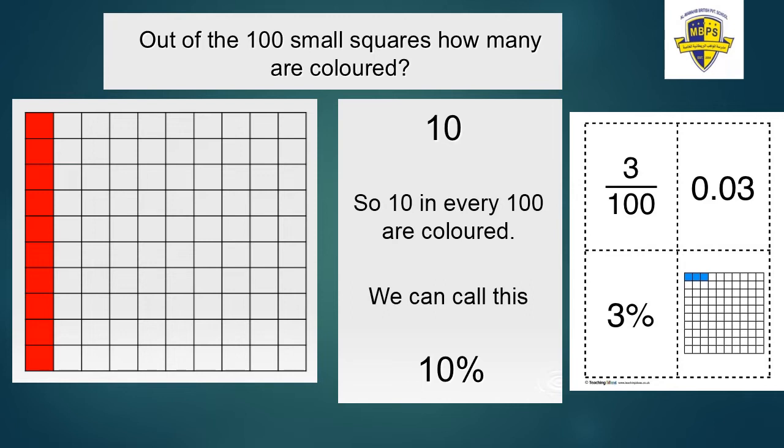As a percent, it's 3%. As a decimal, how do we write it? It's 3 divided by 100. Remember how we convert a fraction to a decimal. Since the denominator is 100, 3 should be in the hundredths place. So this is 0.03.